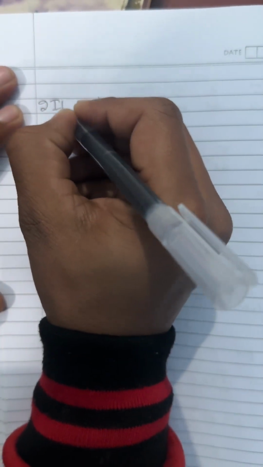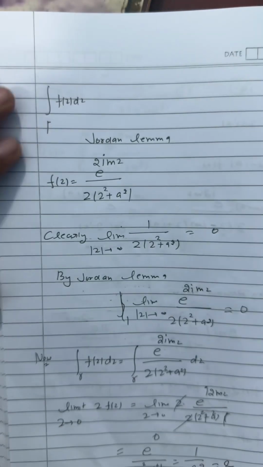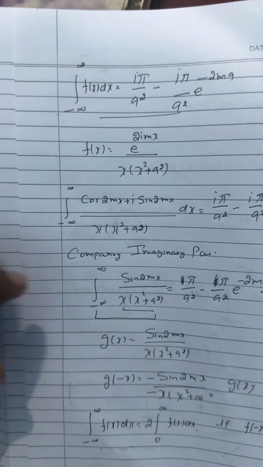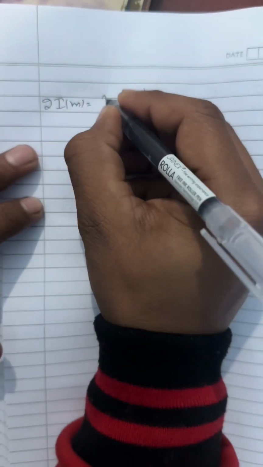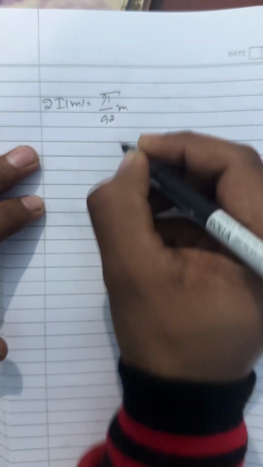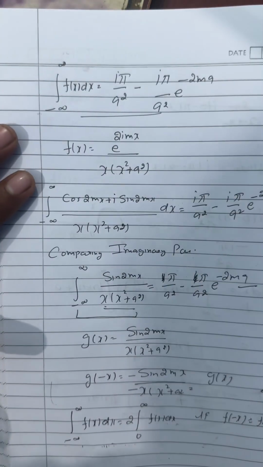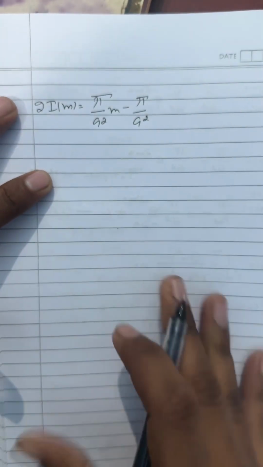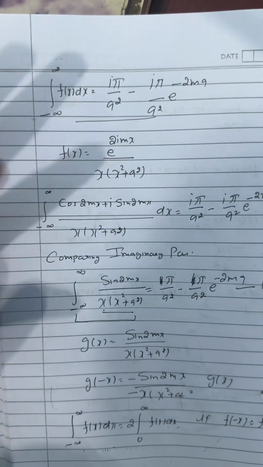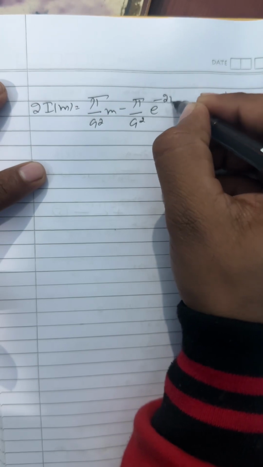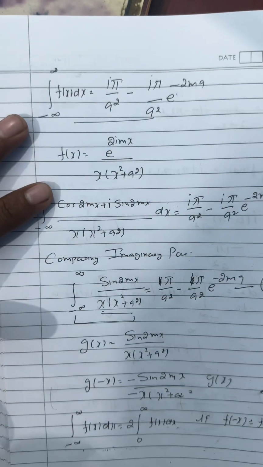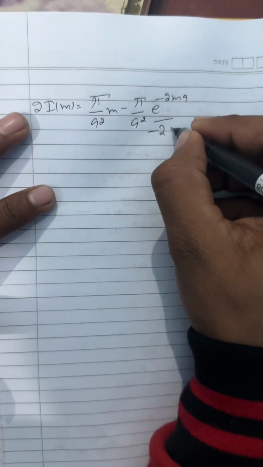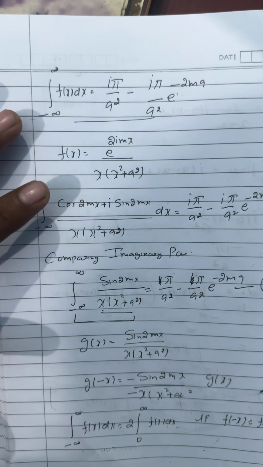What do we get? We get 2 times I of m is equal to pi by a square m, and minus pi by a square e raised to power minus 2ma divided by minus 2a. What is the value of c?